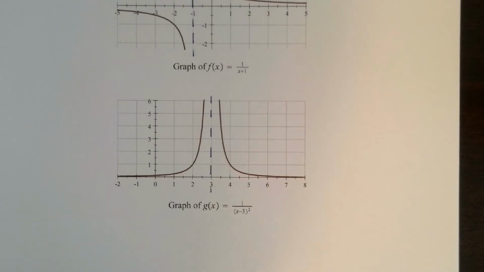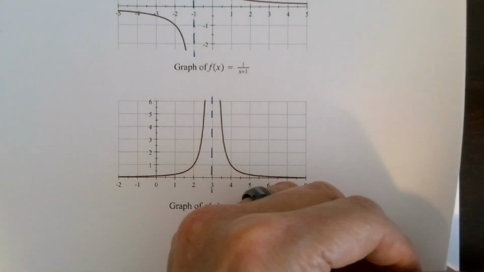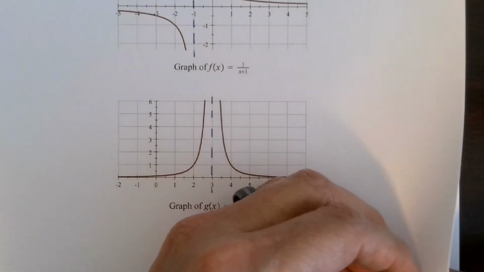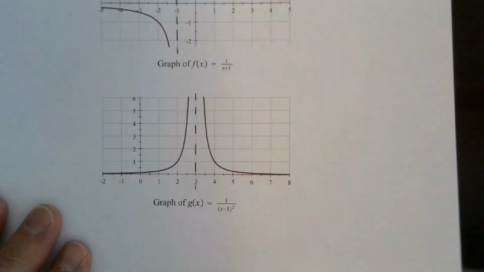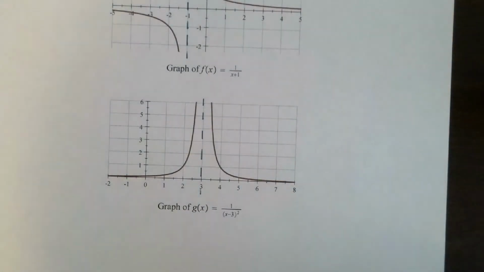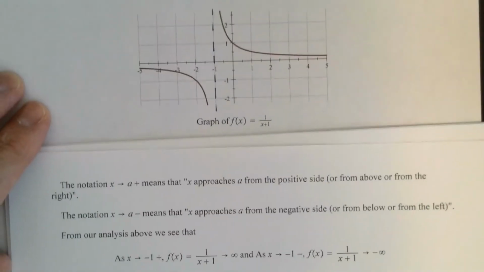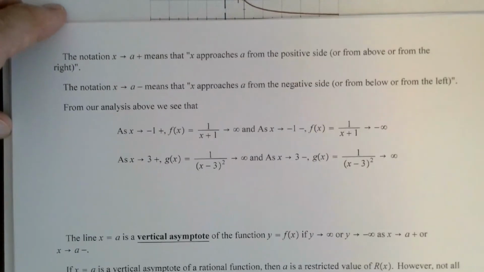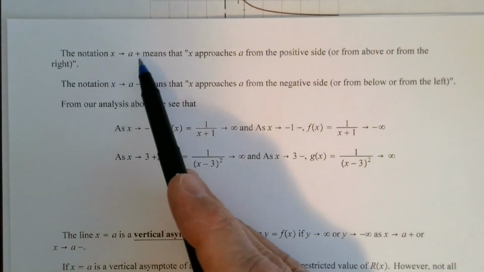And so how can we describe this? We've described it numerically, looked at it graphically. Well, a way that is often used to describe this behavior is as follows. We write this notation, x arrow a with a plus after.